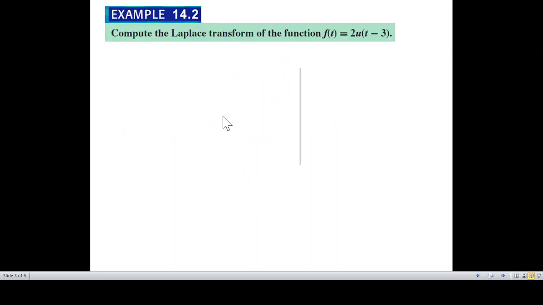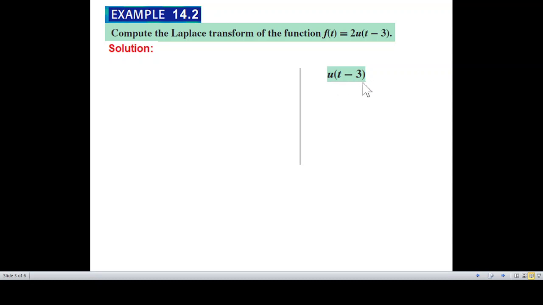Okay, so let's first of all discuss example 14.2. Compute the Laplace transform of the function f(t) = 2u(t - 3). The first thing we'll do is understand what u(t - 3) means. We know u is for the unit function and t - 3 is shifting.